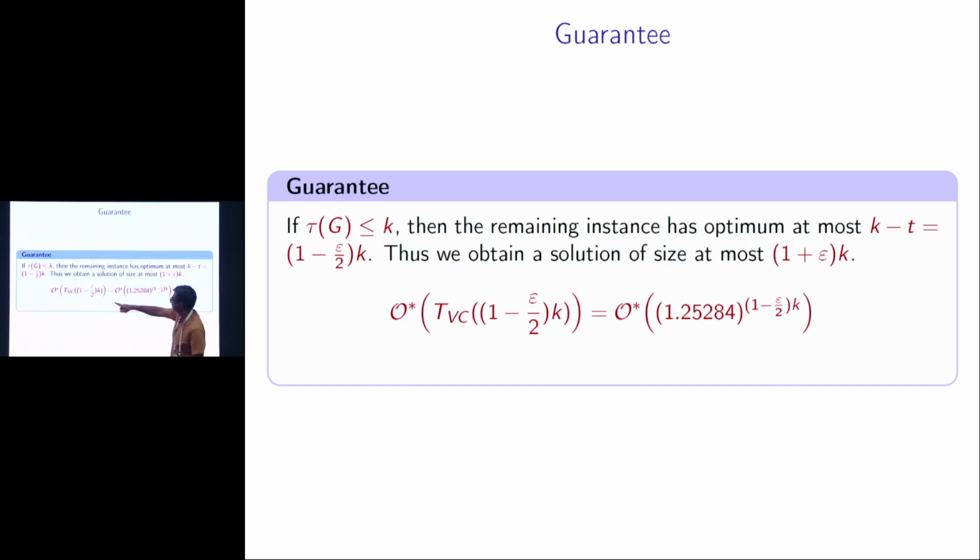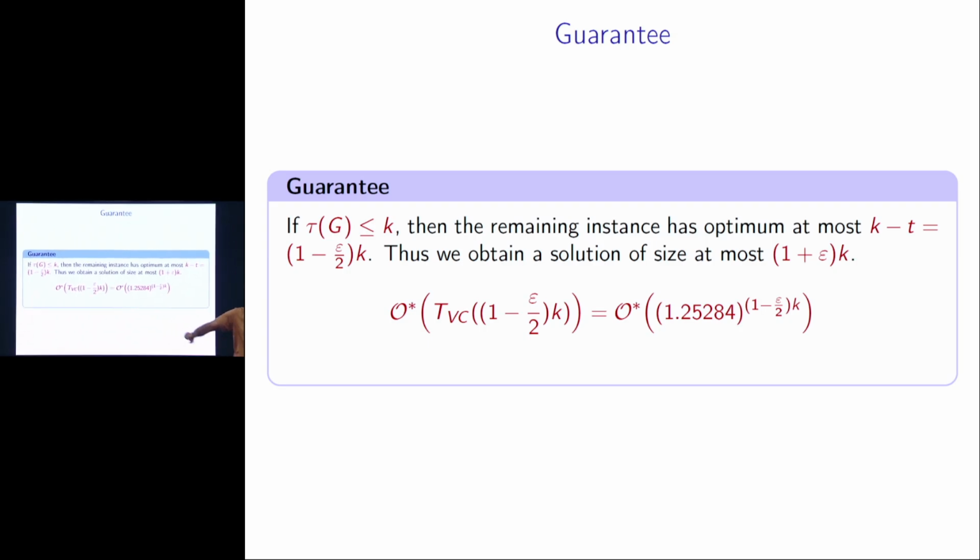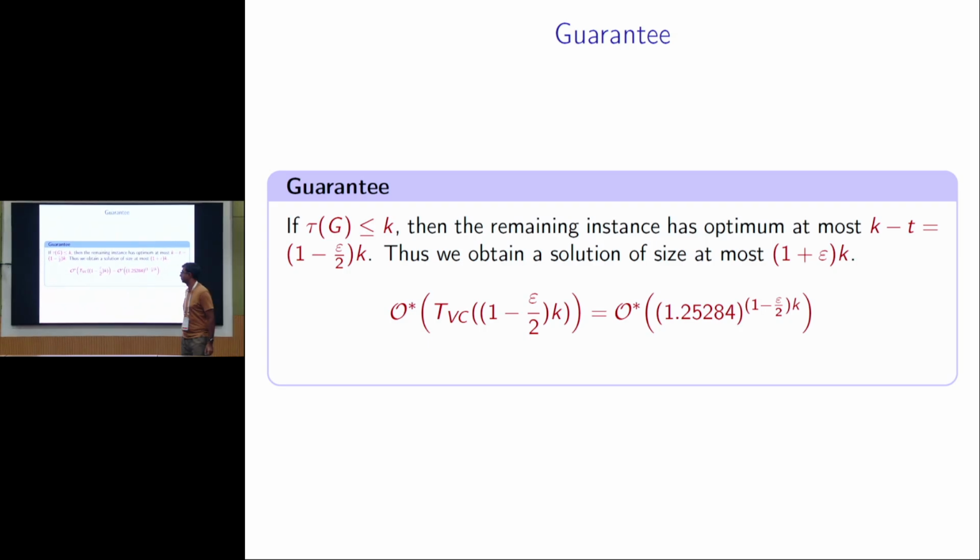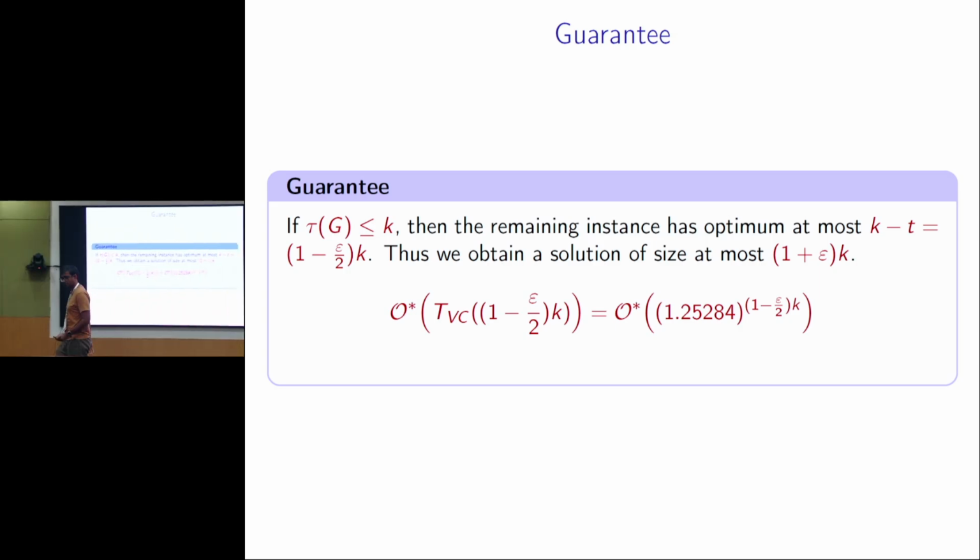So my running time will be based on (1 minus epsilon/2) times k. So this is my running time. So if you want to get closer to k, you are paying more and more running time. If you want to get closer to 2, you are paying less and less running time, right? So just by playing on this, I have got this nice curve of running time. Okay? Any question?